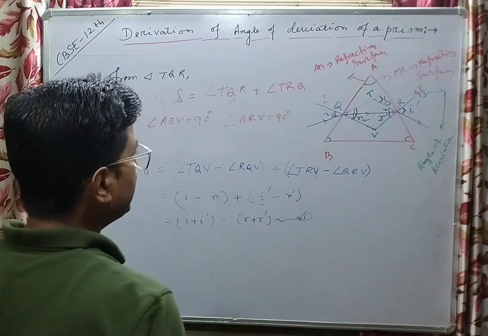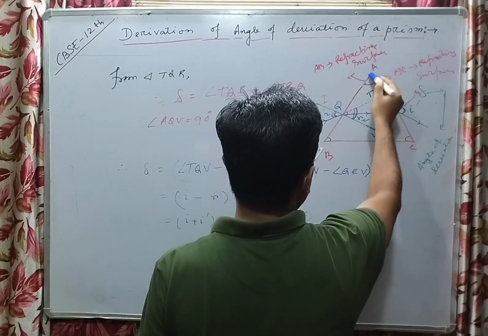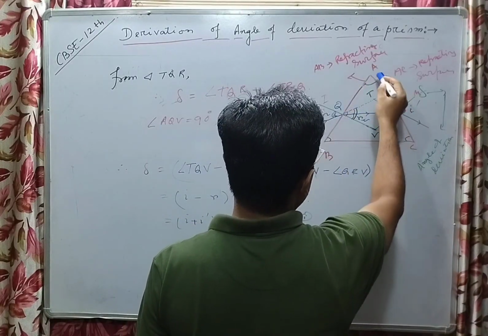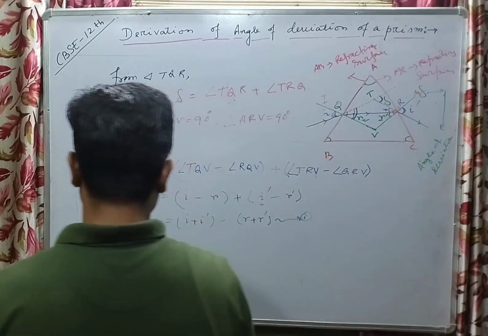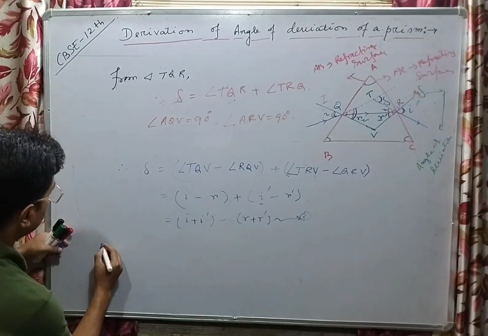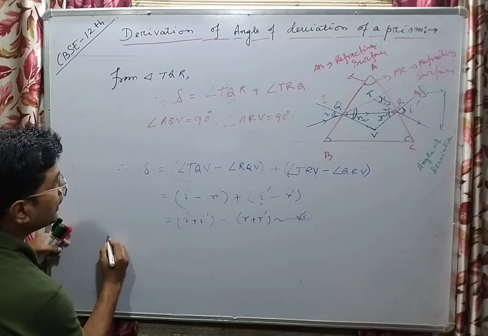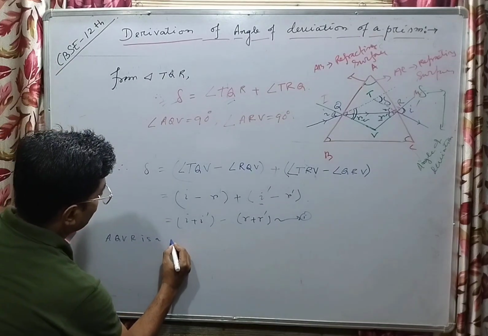Okay. Again, see, I am going to consider AQVR. Here AQVR is a quadrilateral.